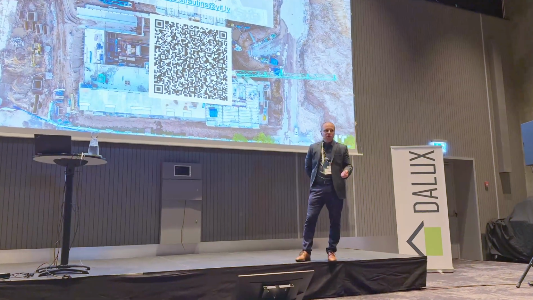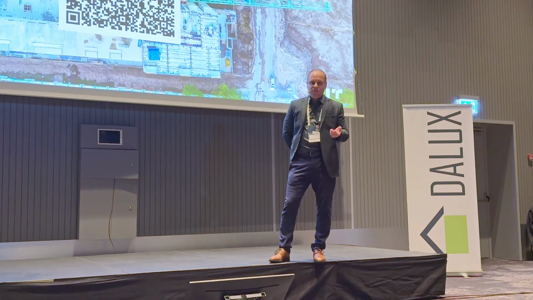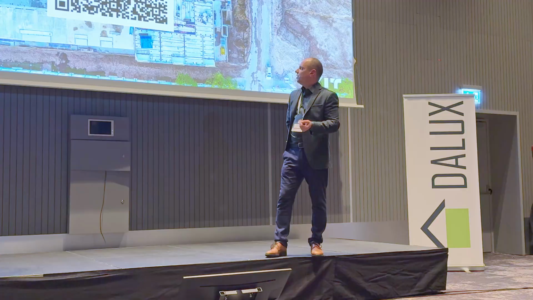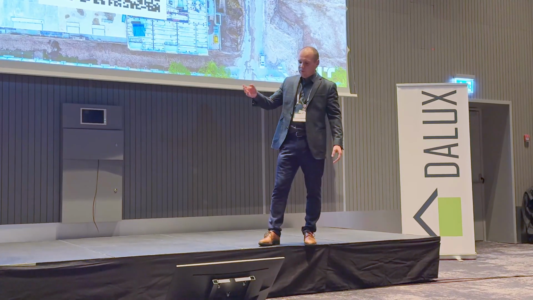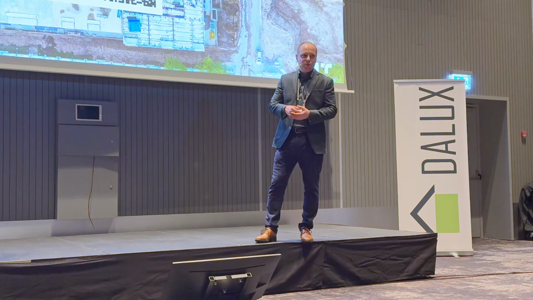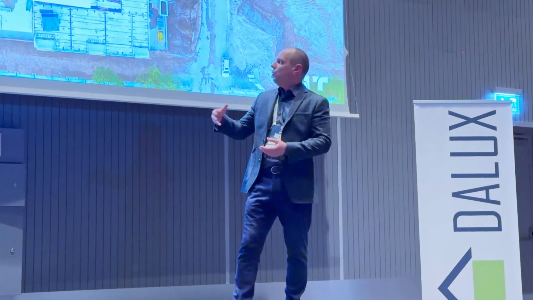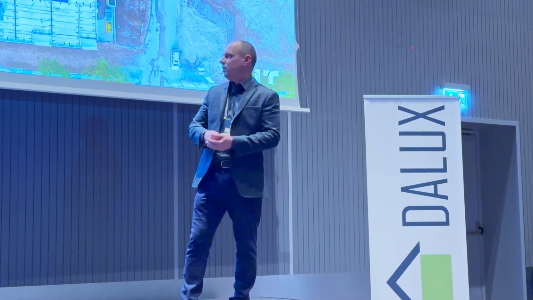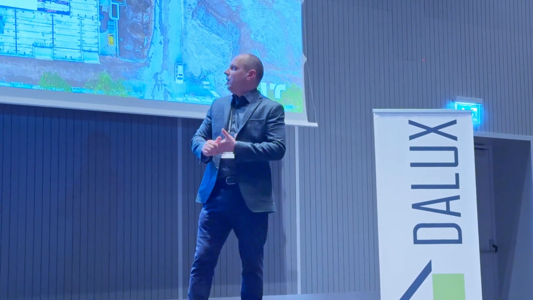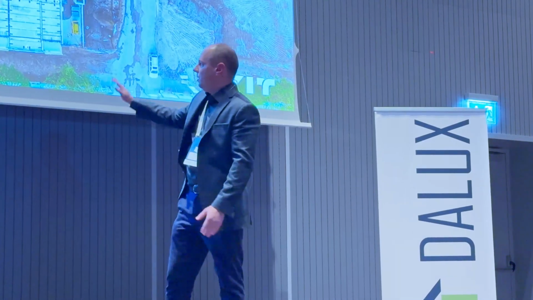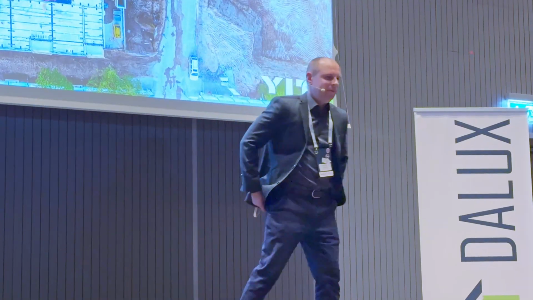Those processes are done by site managers and administrators, who just print them out. I, as the Dalux administrator, give them the PDF files with all the zone QR codes, and then the site management administrator goes around the building, just sticking them on the walls. That's all.